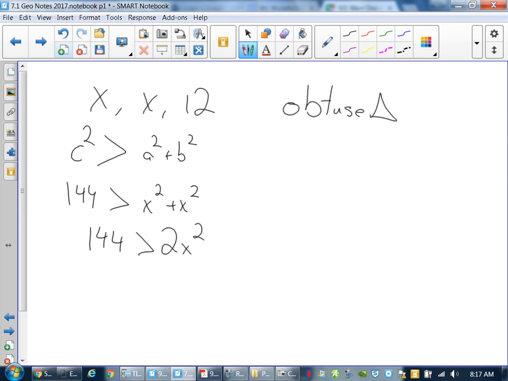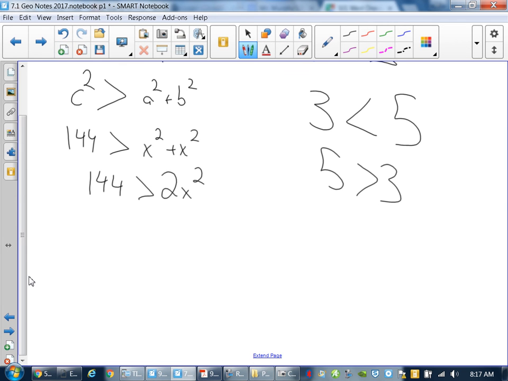When I do inequalities, I usually do something like this. Is that a true or a false statement? 3 is less than 5. You okay with that? If I say that backwards, what do you see? Okay. So 144 is greater than 2x squared. If I say that backwards, isn't it 2x squared is smaller than 144?